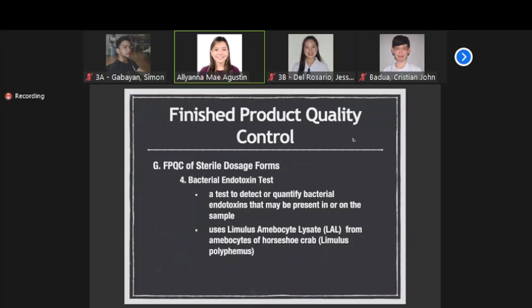So why do we need to test for endotoxin? What is the predominant effect of endotoxins for parenteral or sterile dosage forms? It is difficult to treat, ma'am, because endotoxin forms a kind of protective barrier. What are the common effects of endotoxin when introduced to the body?